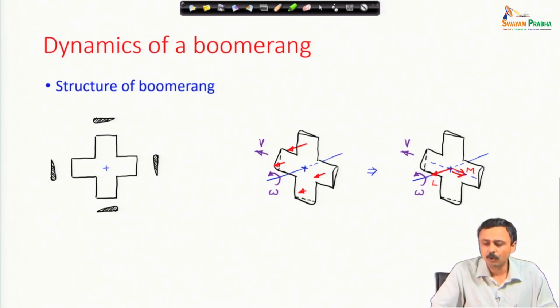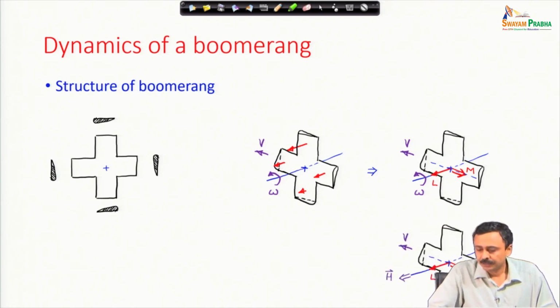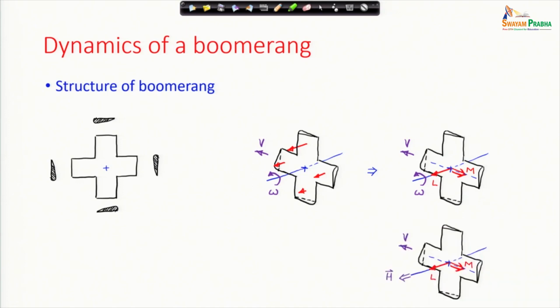So, we have an overall moment which I am considering to be roughly vertical. Therefore, we have the angular momentum, roughly aligned with the spin axis, because the precessional angular speed that we will calculate shortly will be quite low. It will have the highest angular momentum because of spin.